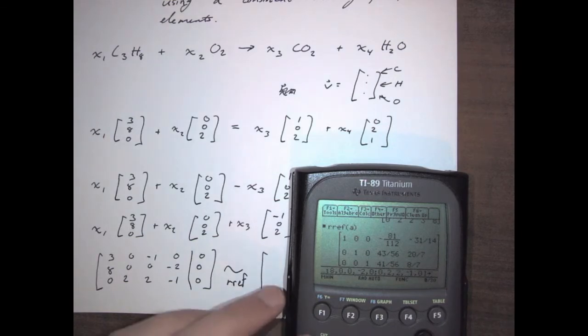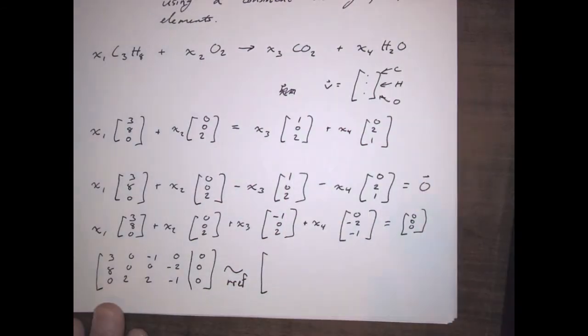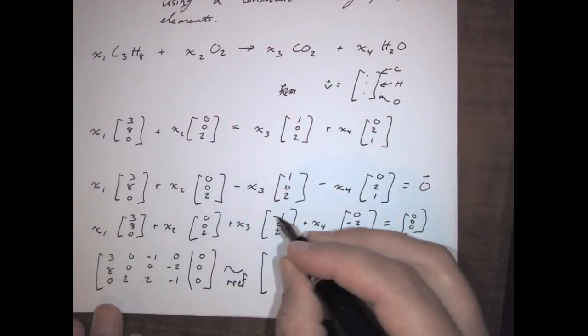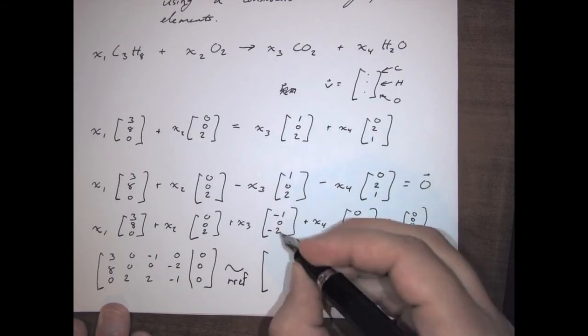I'm going to store that once again. I'm just going to use A always until I have some reason not to. And I'm going to make sure it came out the way I wanted. And it looks like it did. Oh, wait though. Looking at that, I noticed a typo. It should be negative 2.